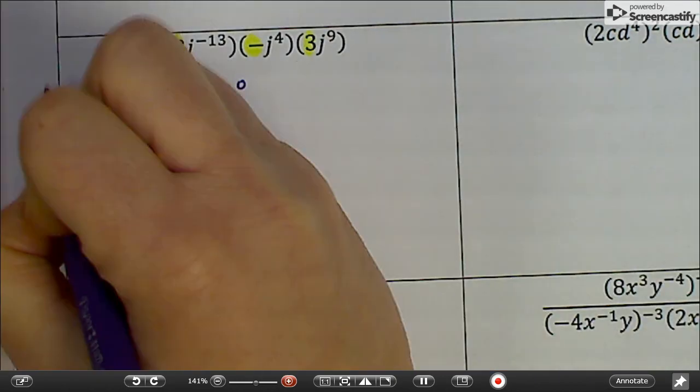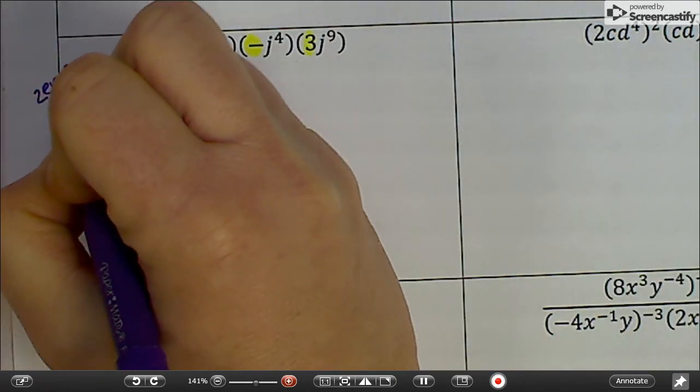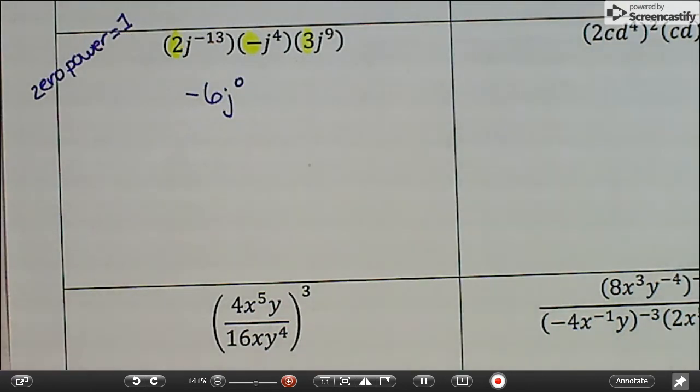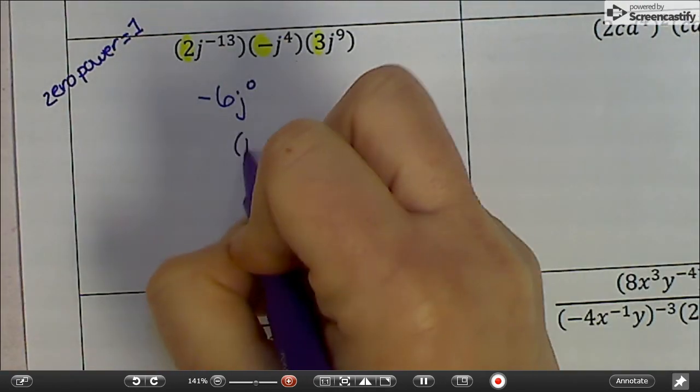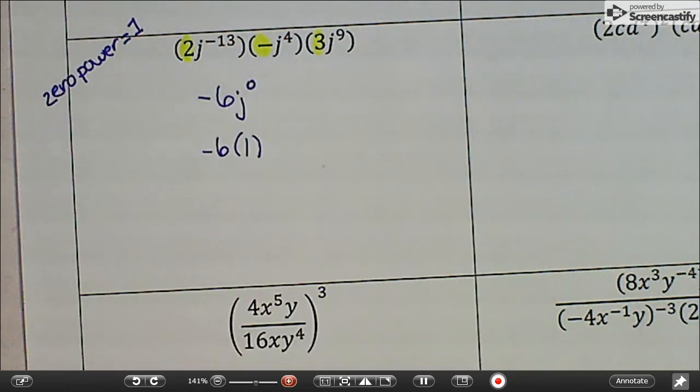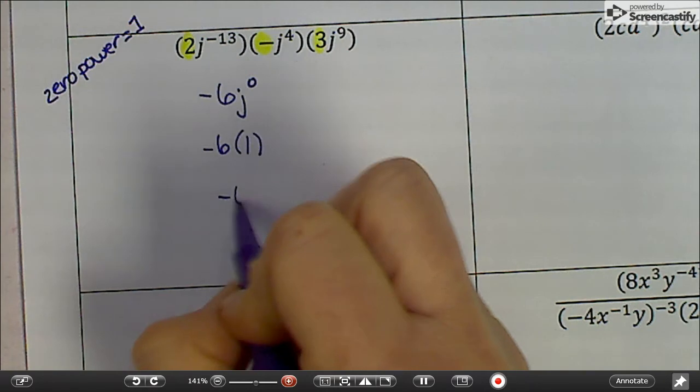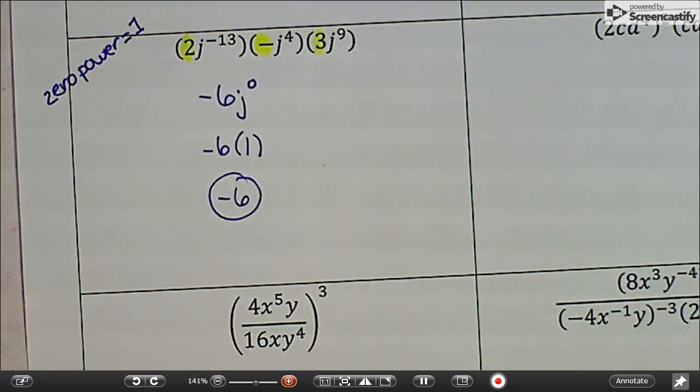If not, anything to a 0 power equals 1. And we explained why before, so hopefully you can remember. So we really have negative 6 times 1. And negative 6 times 1 is negative 6. That's that one.